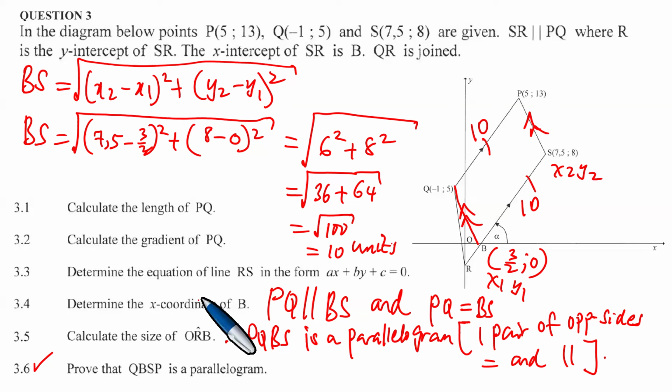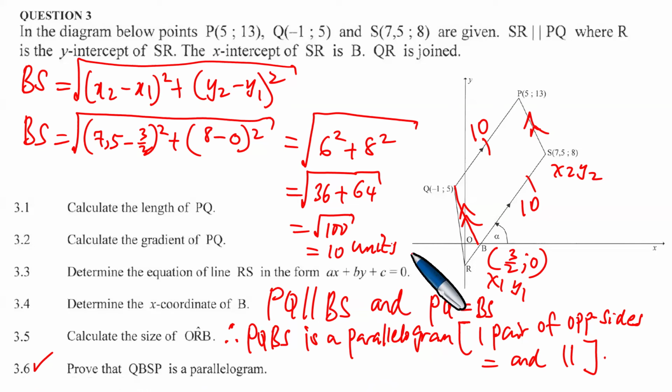In particular, there are a couple of things you can mention about this question, because we've done a lot: we found the gradient of PQ, we found the length of PQ, which is 10. We realized the gradient of PQ was equal to the gradient of RS, and the equality of the gradients was very important.